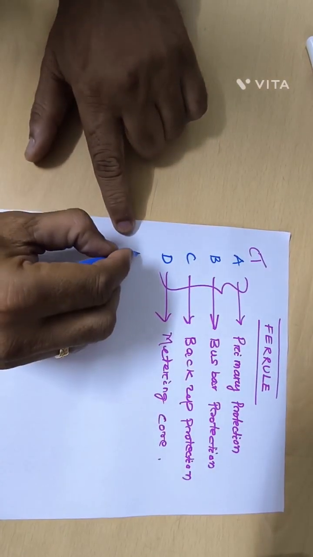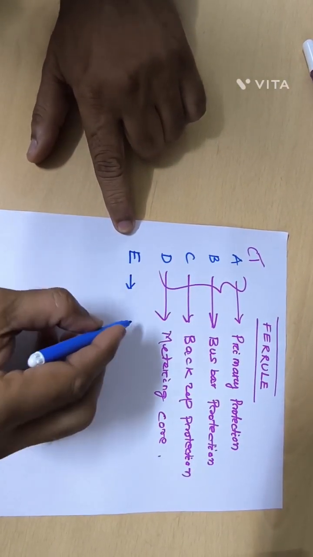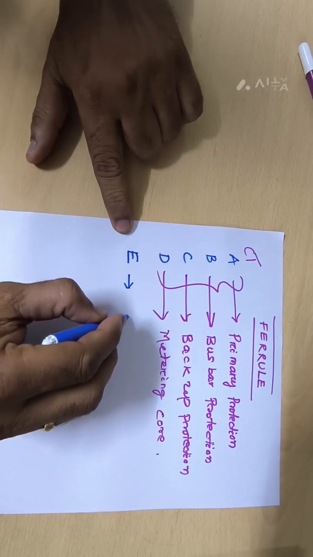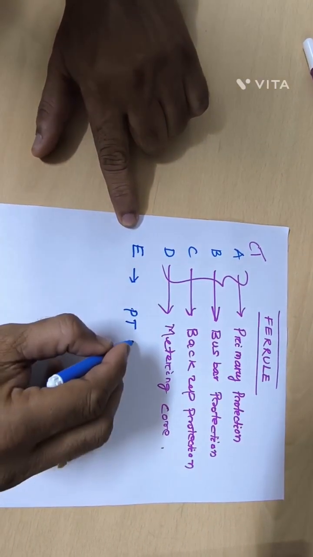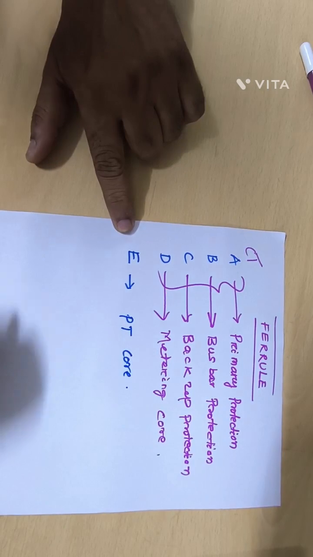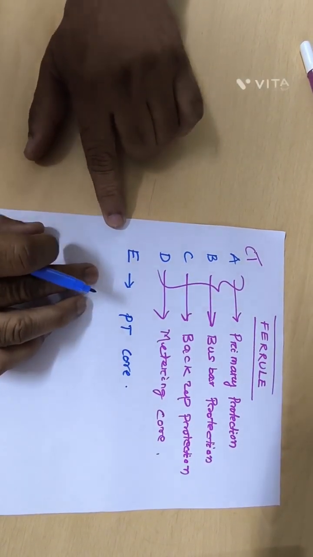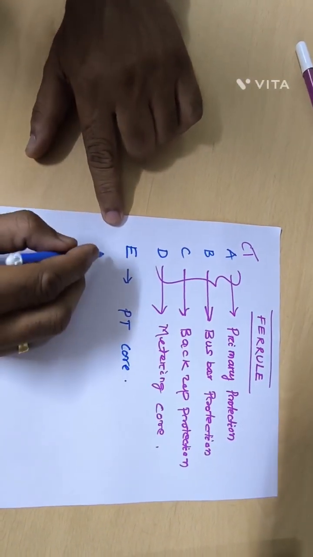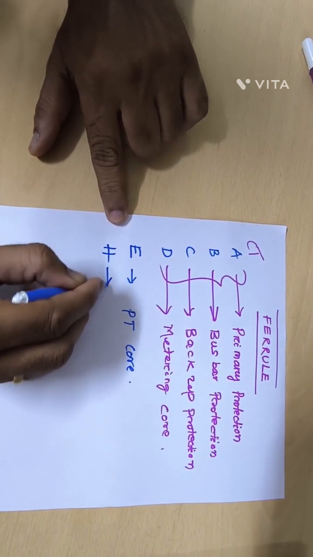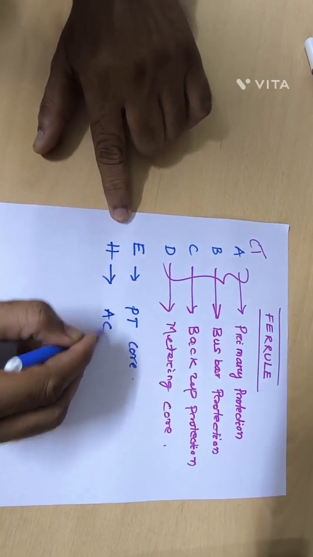Like that, if you have a ferrule starting with E, it is definitely a PT connection or PT core. Next, if it is H, then it is an AC connection.